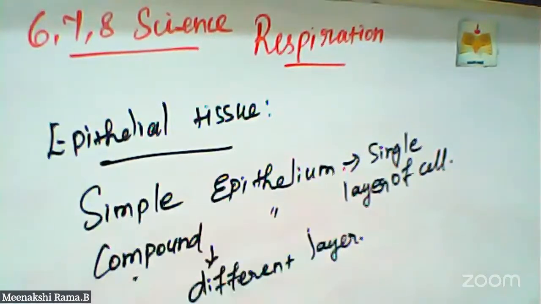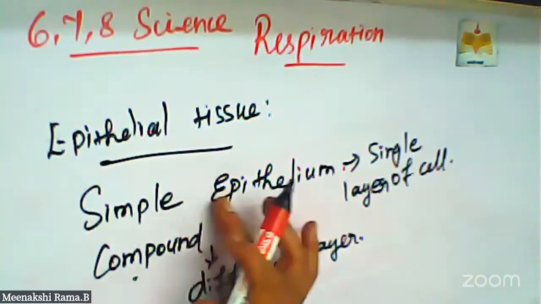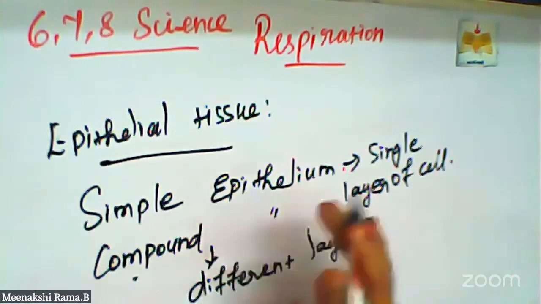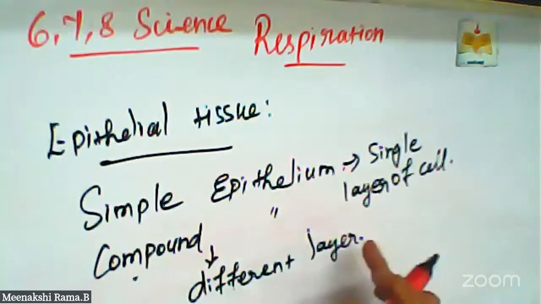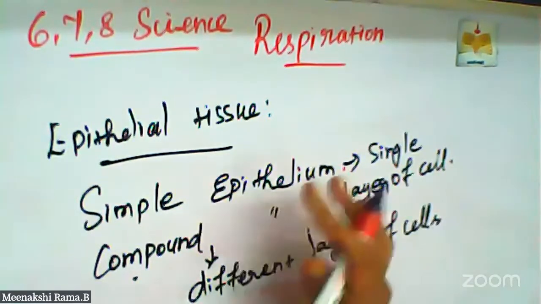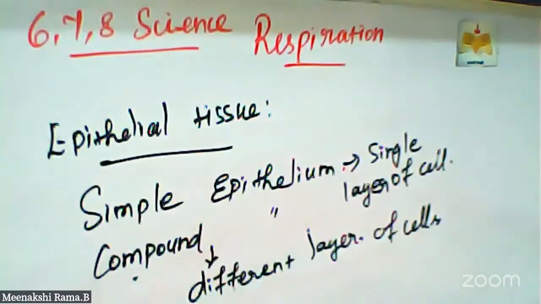So the main concept is that simple epithelium is made up of a single layer of cells only, while compound epithelium is made up of different layers of cells. This is the main difference between simple epithelium and compound epithelium.